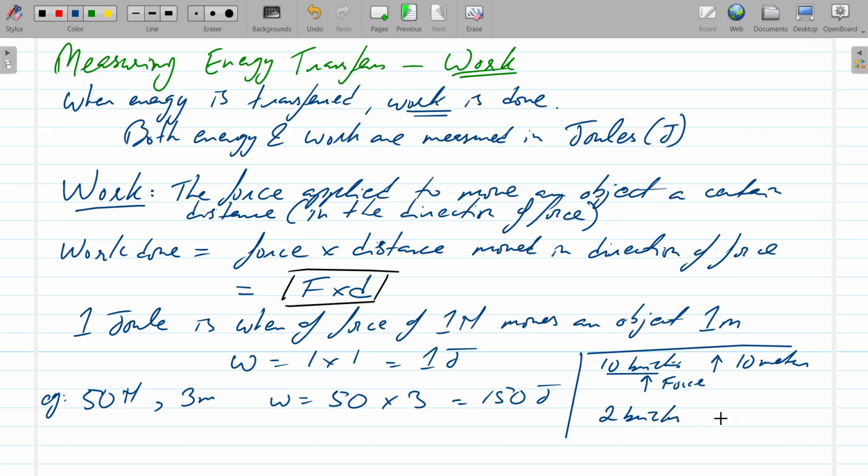The same height, 10 meters, and carrying 2 bricks will utilize less force.